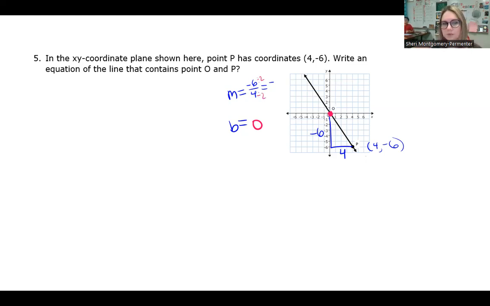So 6 divided by 2 is 3, and 4 divided by 2 is 2. So I have a slope and I have a y-intercept. I can write the equation of a line. y equals my slope, -3 over 2x. Do I have to write plus 0? No.